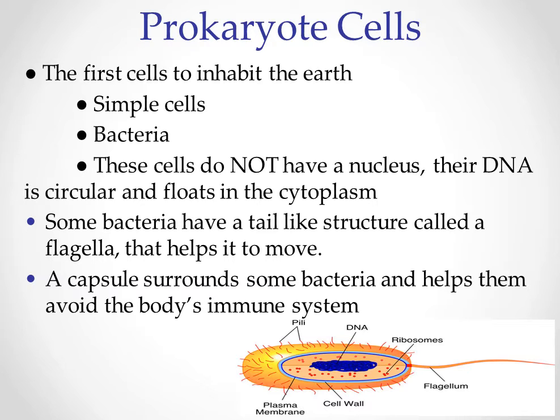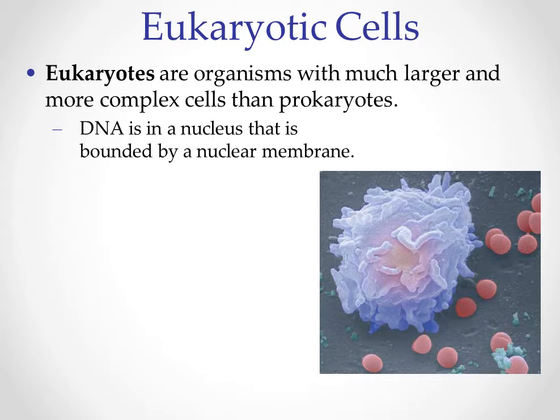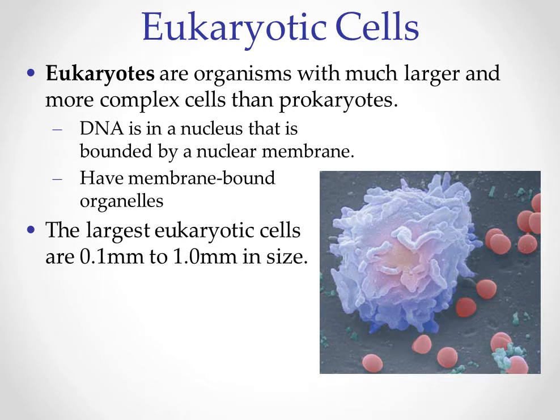Again, they do not have a nucleus, and their DNA is in a circular form compared to the double helix that immune system. Now, eukaryotic cells are much larger and much more complex.